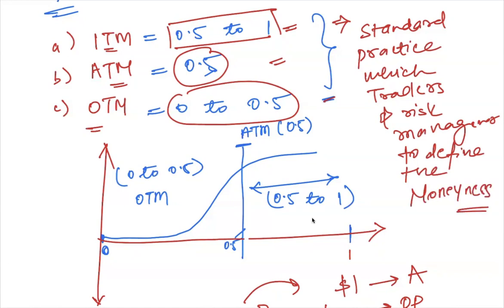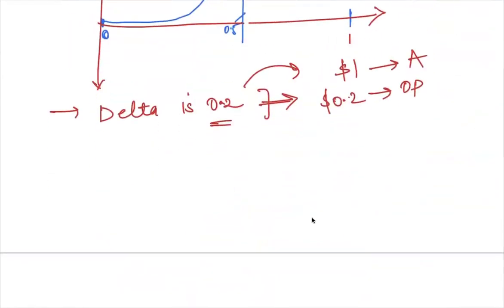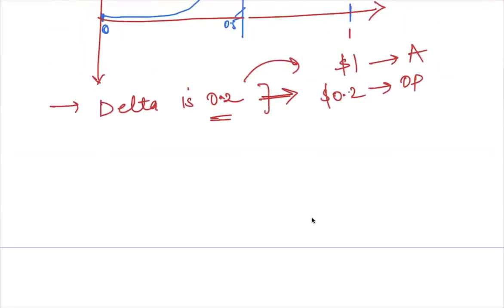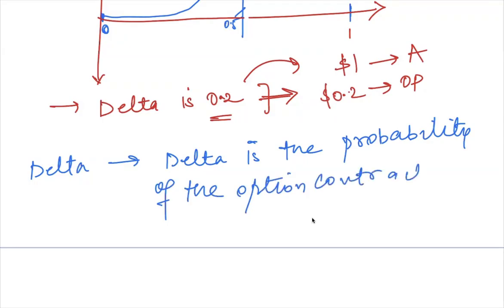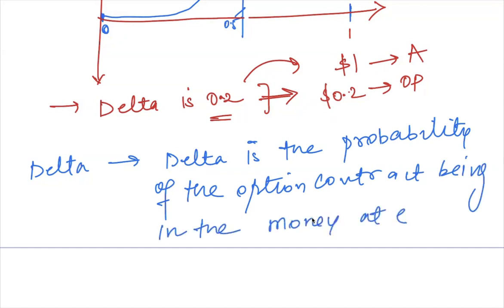Is it clear to everyone? So in another way, what is delta? Let me make it simpler. Delta is the probability of the option contract being in the money at expiry.